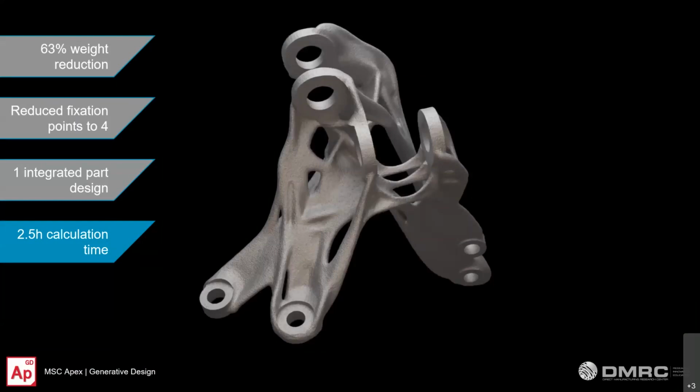As well, it saves a lot of time and money in the assembling phase because now we have these 4 fixation points directly towards the primary structure and saved around, I don't really know, 5 or 6 more fixation points towards each other of the 2 parts before and towards the primary structure. And this is what we want to do. We want to enhance products to get to better products in short time, save money, save time, save resources.